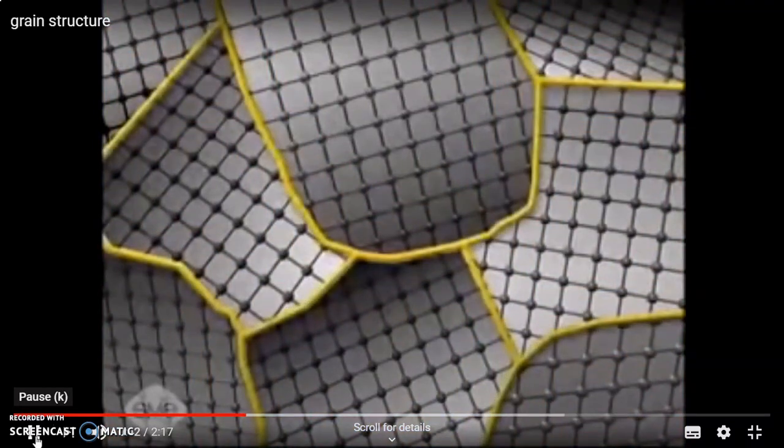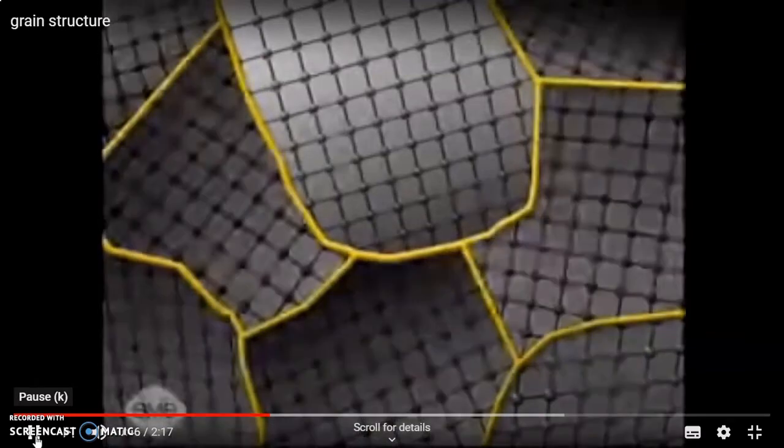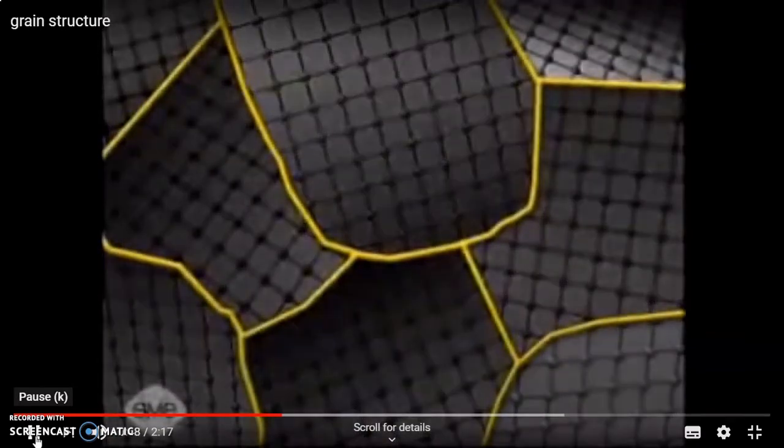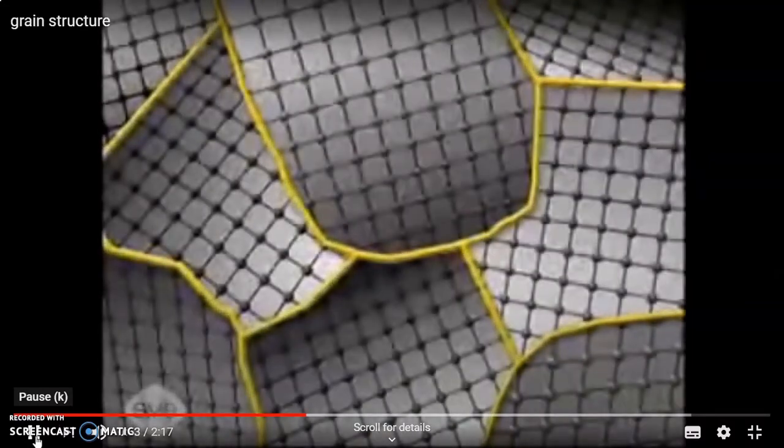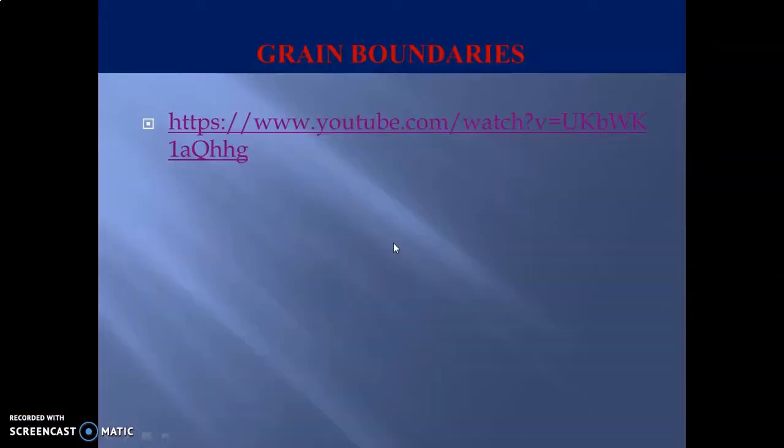The line of intersection between grains is called a grain boundary. Because the grains form independently, their crystal structures develop tilted in various directions. Hope this video helped you to understand how grain boundaries are formed during the nucleation or crystallization process.